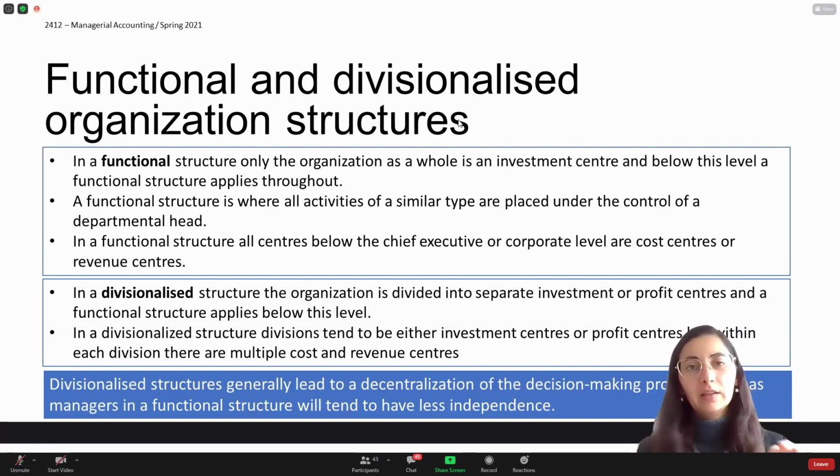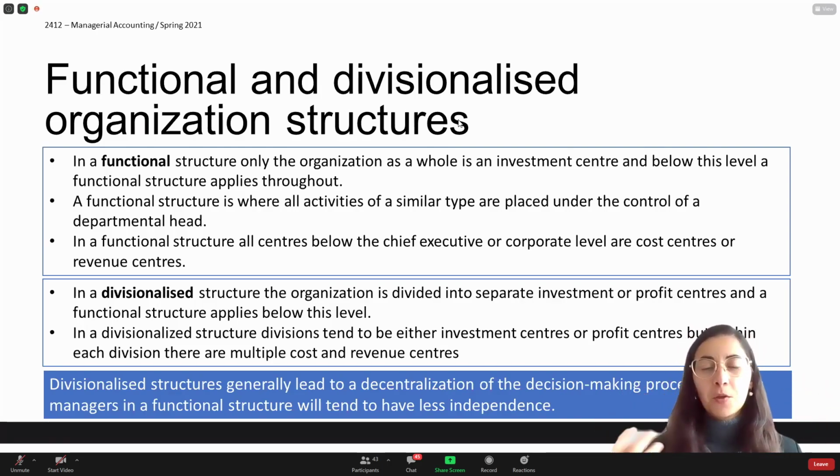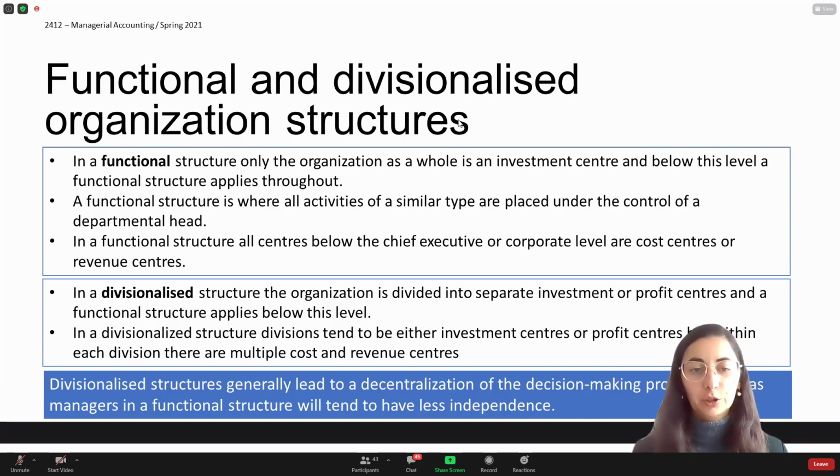On the other hand, in a divisionalized structure, we have the organization with different divisions, and each division will be an investment or a profit center. We will see a diagram next, just to visualize the difference between a functional structure and a divisionalized structure.